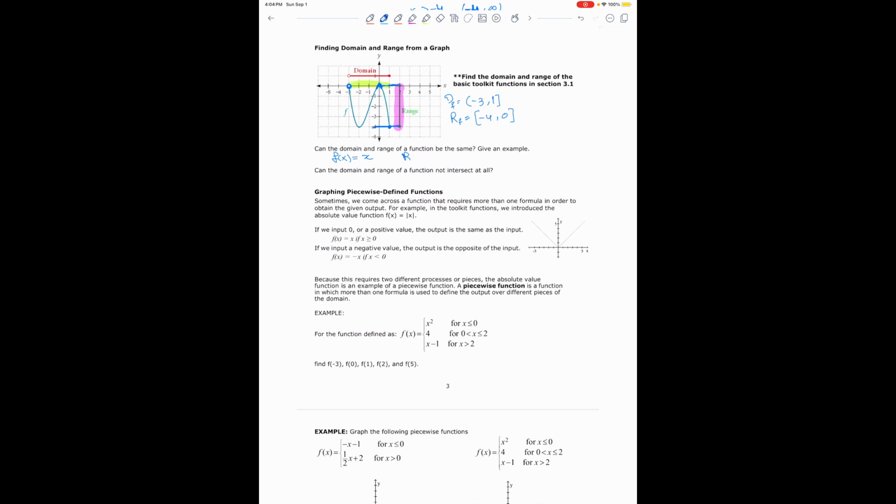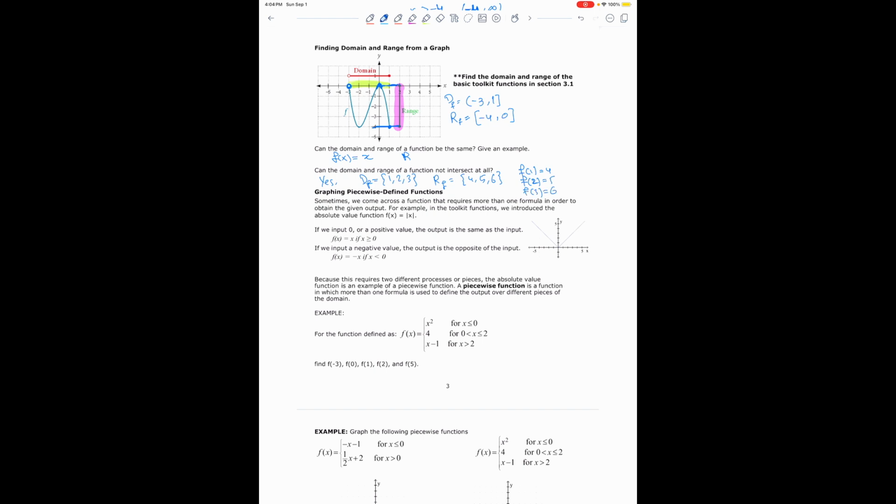Can the domain and range of a function not intersect at all? Yes, it happens, very rarely though. If you define a function such that the domain of that function is the set 1, 2, 3, and the range of the function is 4, 5, 6, then you can define this function such that f of 1 equals 4, f of 2 equals 5, and f of 3 equals 6.